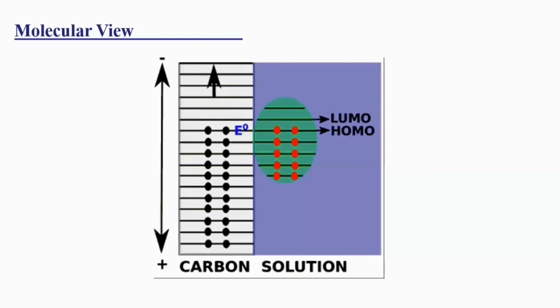At that time, the HOMO of the analyte will be higher, so the electron can now jump from the analyte to the electrode. It is nothing but oxidation of the analyte and reduction of the electrode. So this is a typical molecular view.